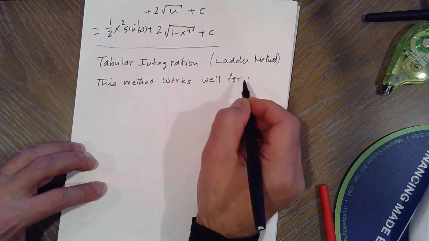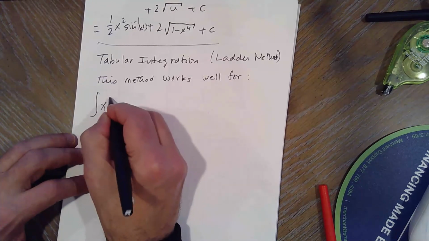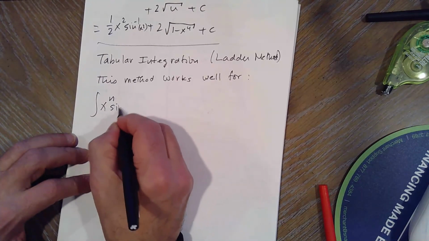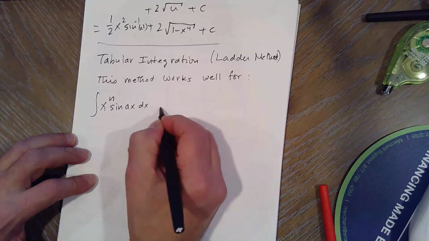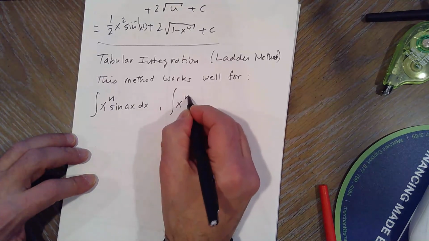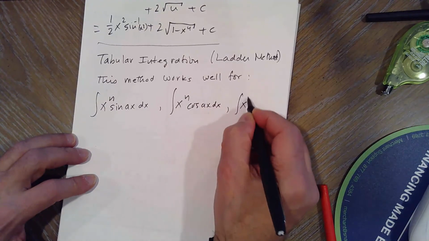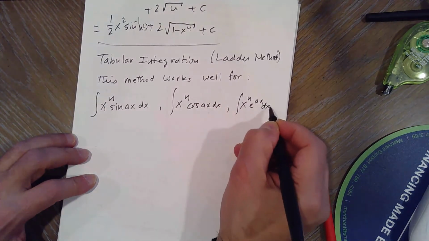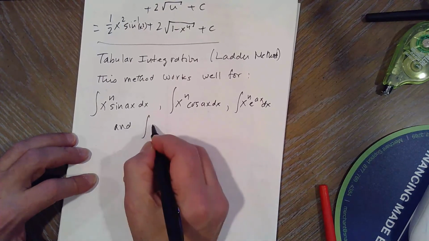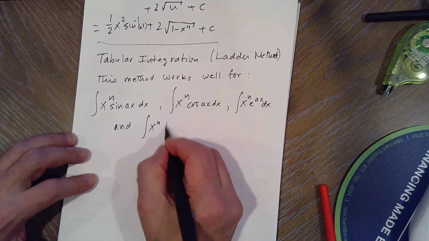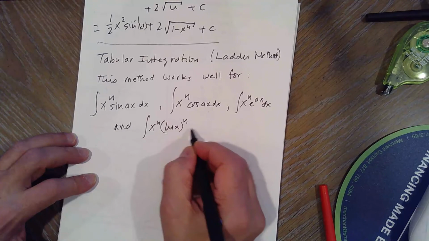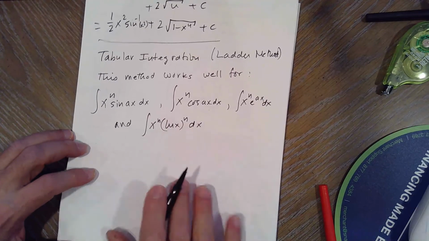for integrals of the form x to the n sine ax dx, x to the n cosine ax dx, x to the n e to the ax dx, and x to the n ln of x dx. Here's an example.